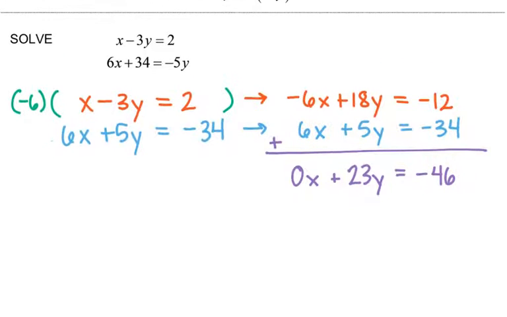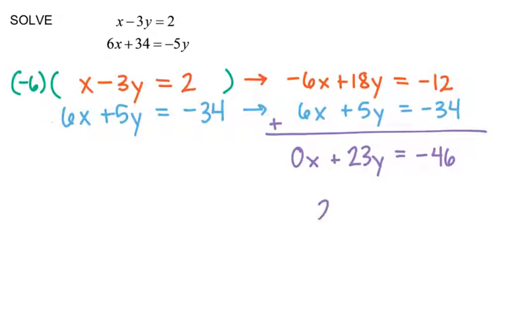So essentially what I have here is that 23y equals negative 46. This, of course, is very easy to solve for y. I'll divide by 23 on both sides, and I end up with y equals negative 2. Cool.